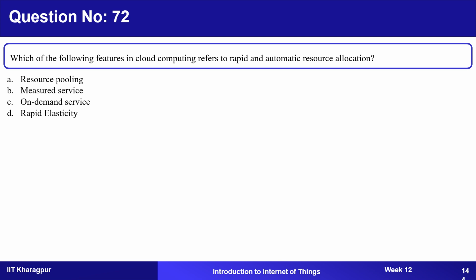Anyone else? D, ma'am. D, rapid elasticity. Yeah, so this is rapid elasticity. Automatic resource allocation means depending upon your need, the resource will be allocated to the end users. So this is rapid elasticity.